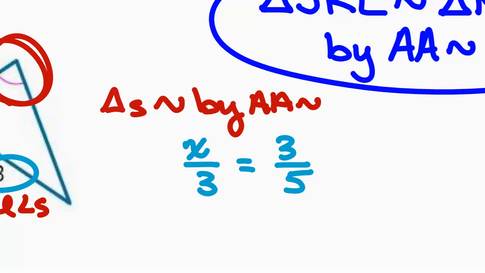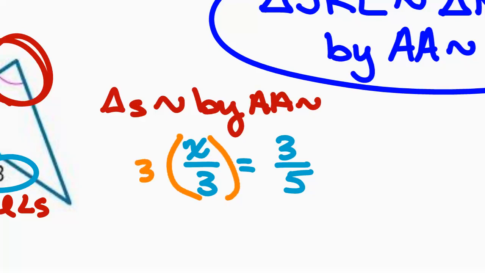So I have my proportions set up. I have my two fractions. I want to get x all by itself. What operation will undo fractions for me? Multiplication. What part of the fraction do we multiply by? The denominator. So what are we going to multiply here to get x all alone? 3.